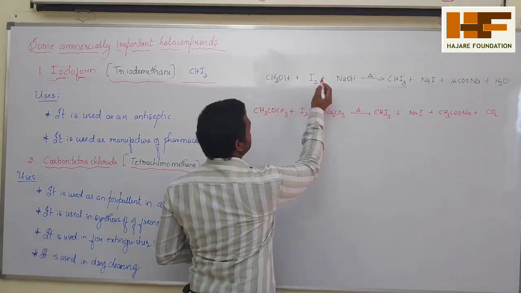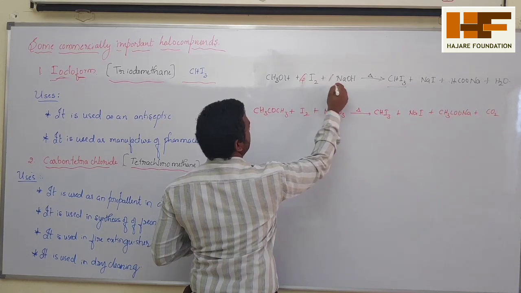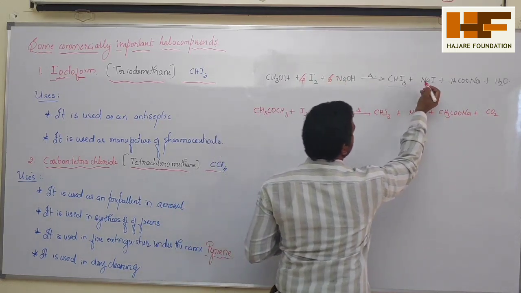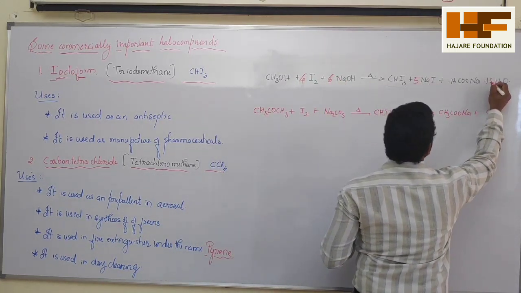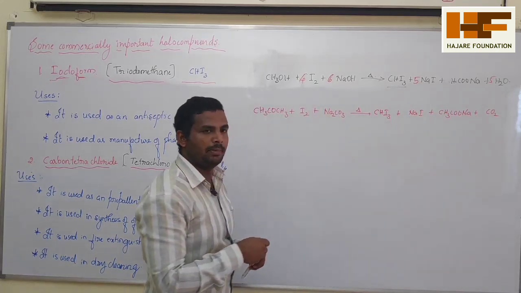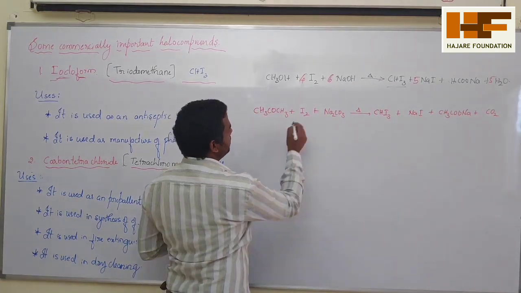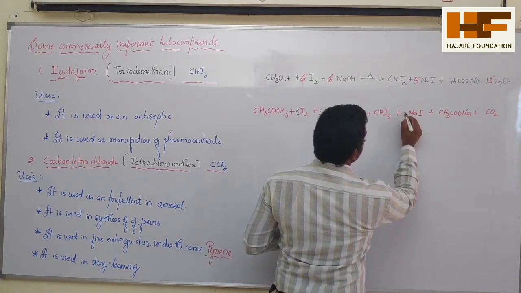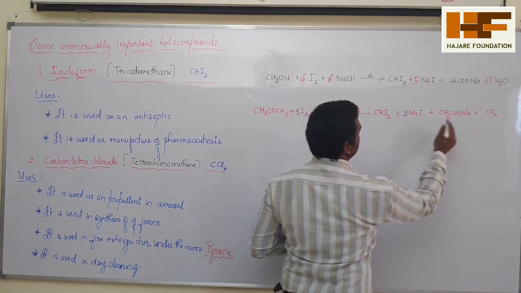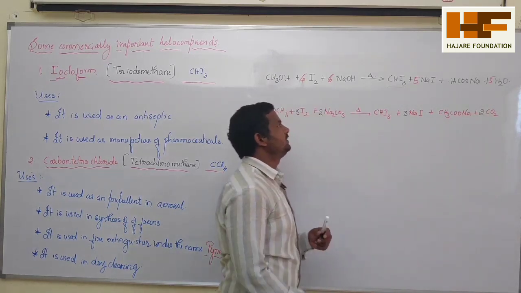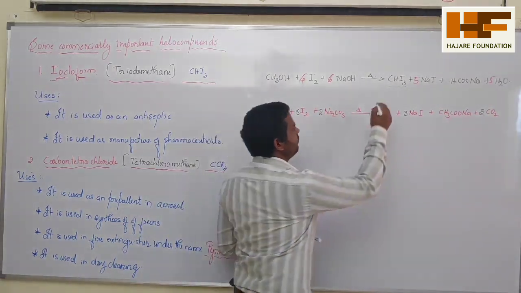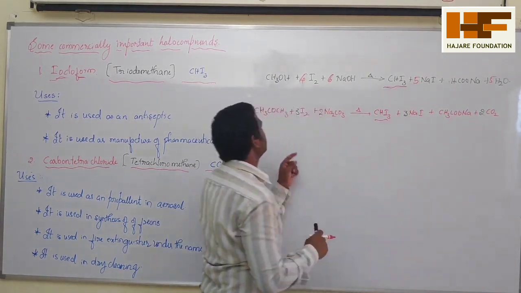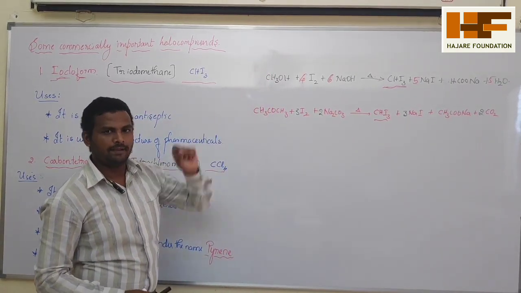Now after balancing, it is 4, 6, 5 and 5, so now it is balanced. Here it is 3 moles and here it is 2 moles. This is the preparation of iodoform from alcohols and acetone.